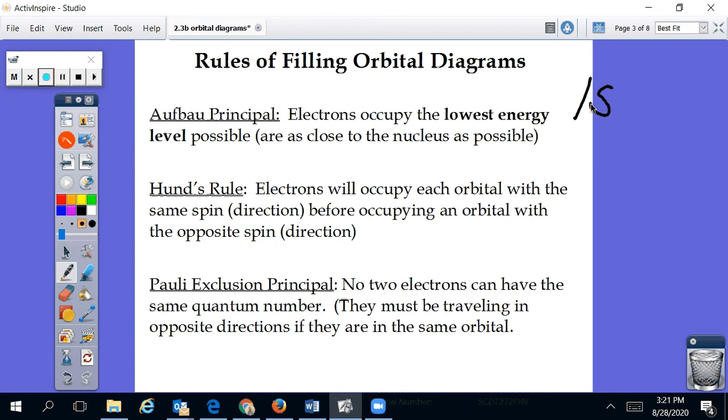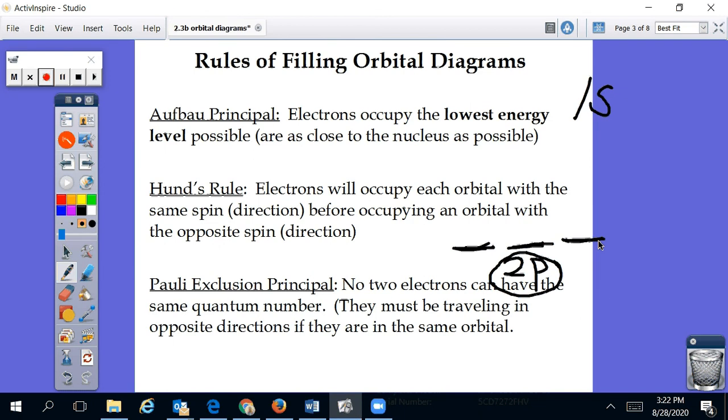Hund's rule says that electrons will occupy each orbital with the same spin before occupying an orbital with the opposite spin. Okay, so you can look at it like this. When you're filling orbitals, let's say this is a 2p. Let's say the 2p represents a bus, and each orbital represents seats on the bus.